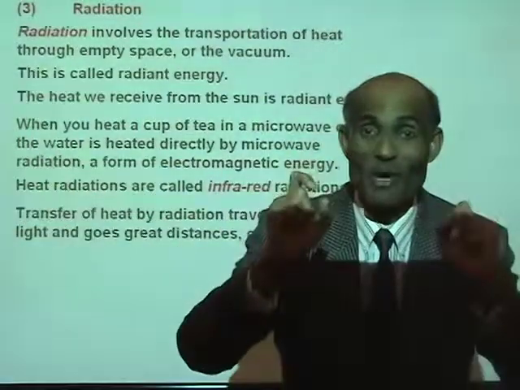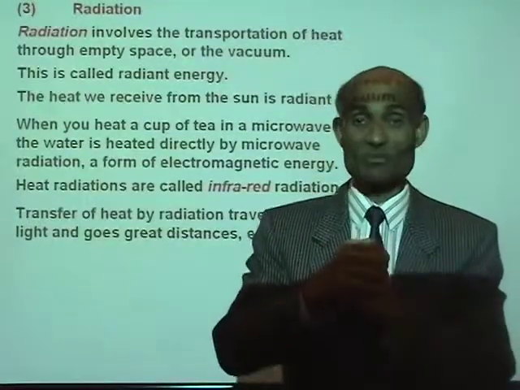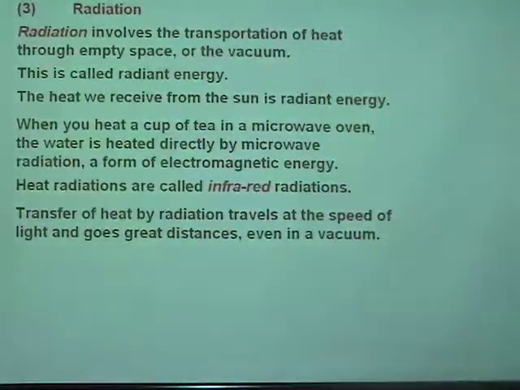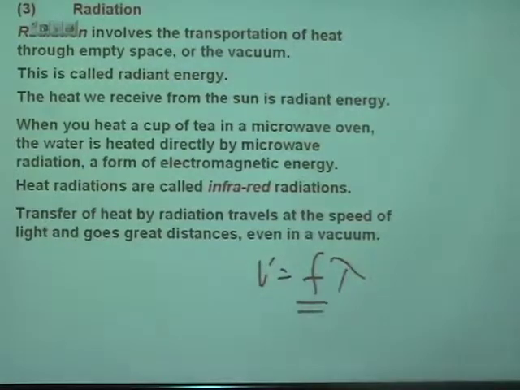Well, we talked about that, didn't we? Yes, we did. Now, do you remember this wave equation? We talked about this, V equal to F lambda. F is the frequency, lambda is the wavelength, V is the wave speed.